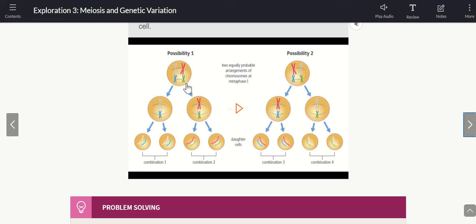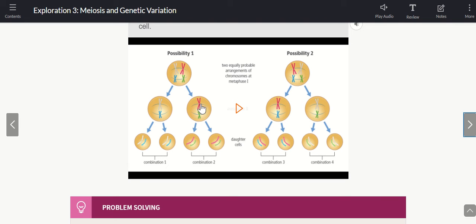If this is our starting cell, it looks like we have a white, a red, a blue, and a green. When these two gametes separate from each other, we're going to need to have a large and a small on each side, but there's 2 different possibilities for how they could separate. And actually there's 4 different possibilities, but right here we could have a large white and a small blue, and then on the other side, a large red and a large green.